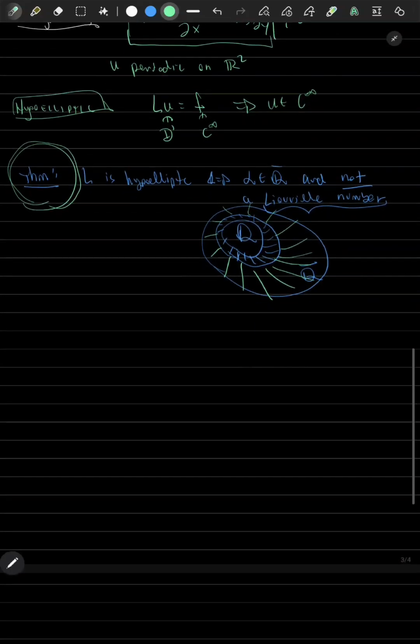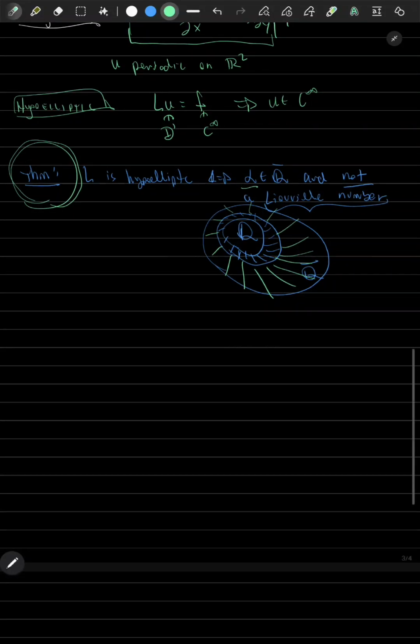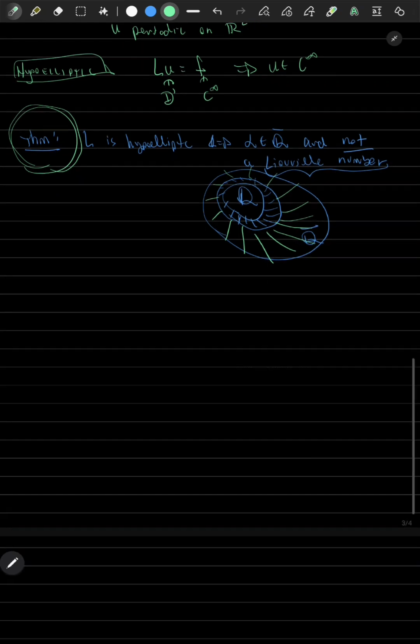So this is the kind of result we can get. We can characterize the hypoellipticity of operators with these kind of surprising statements. In this case, we characterize hypoellipticity by saying alpha is irrational and not a Liouville number. So it's a very algebraic kind of statement involving Diophantine equations. So that's quite surprising.